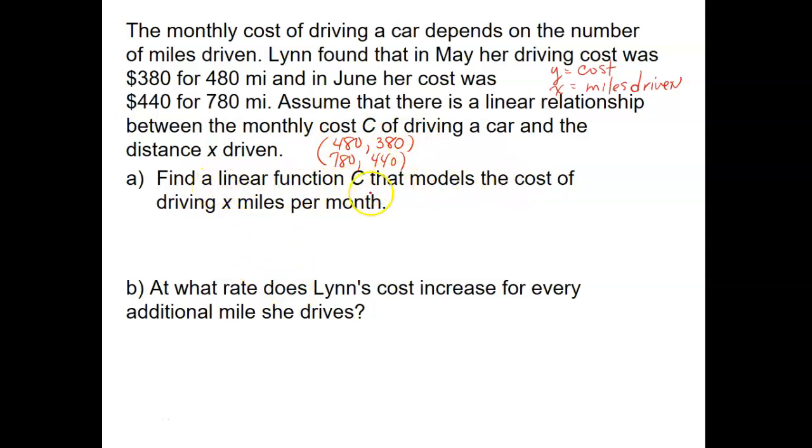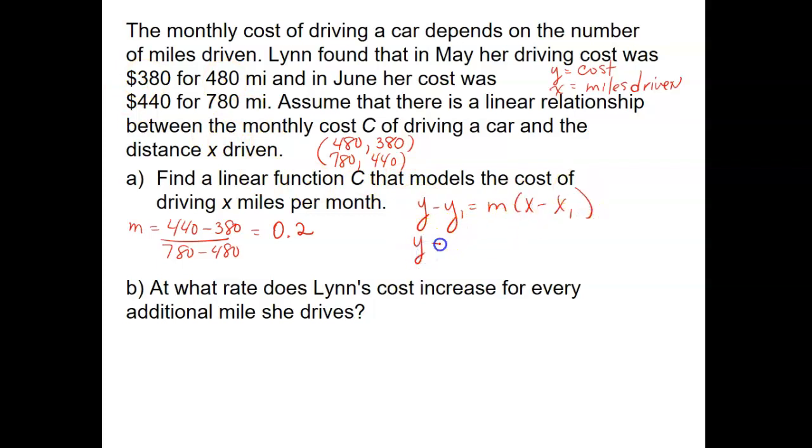For a linear function C that models the cost of driving, we're going to need to first of all know our slope. So if we do y2 minus y1 over x2 minus x1, we do that calculation, we're going to get 0.2 for the slope. Okay, so we don't have a y-intercept, so we can go back to the y minus y1 equals m times x minus x1.